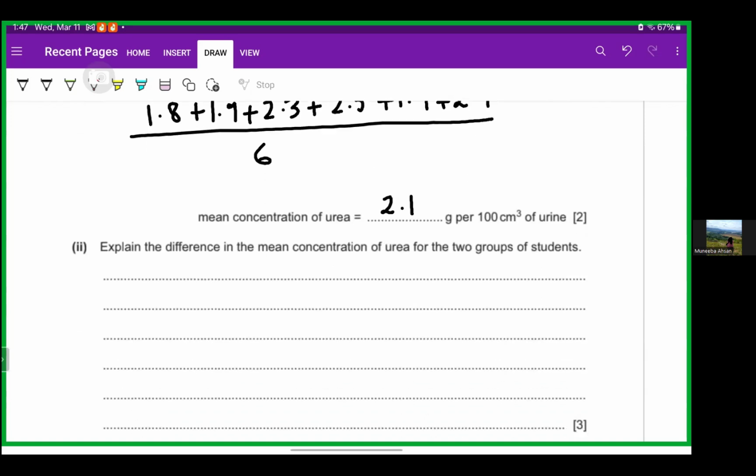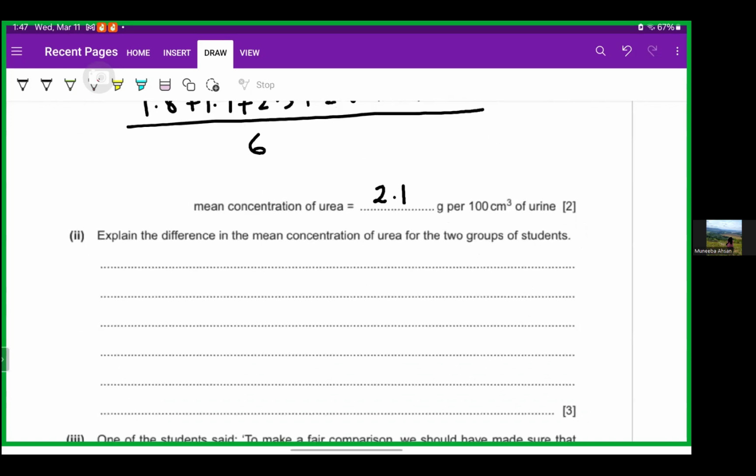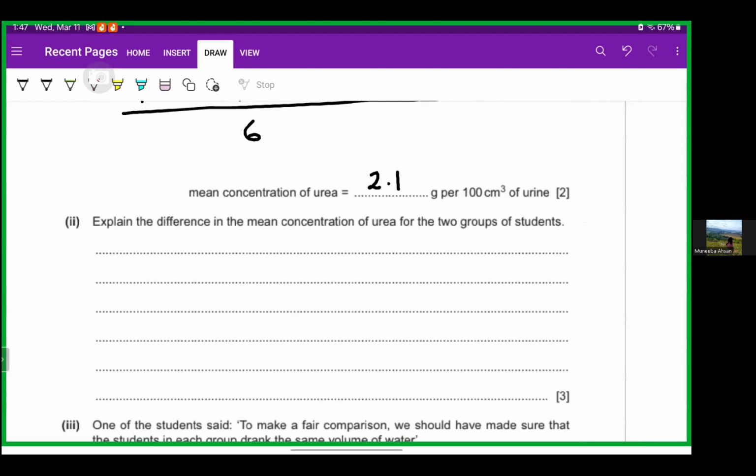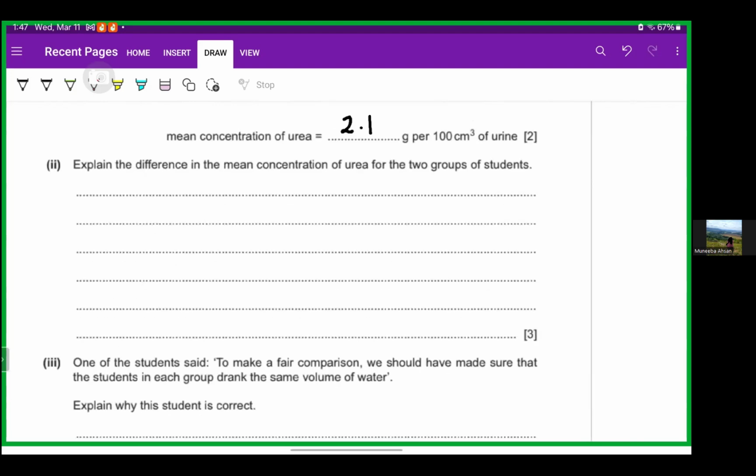Moving on to the next part, explain the difference in the mean concentrations of urea for the two groups of students. So as I already told you, group Y has consumed a diet rich in proteins. Hence, more amino acids are formed and more excess amino acids will be converted into urea.